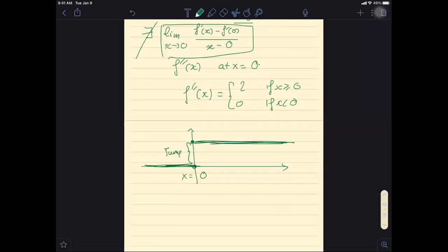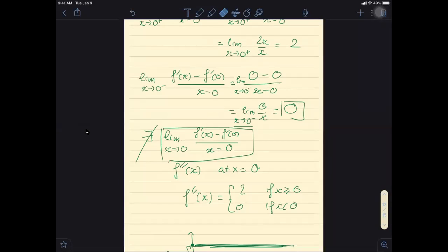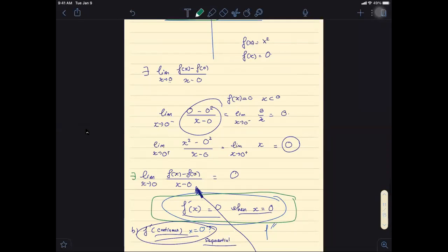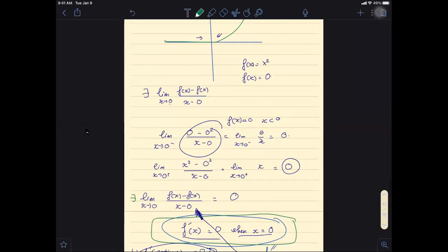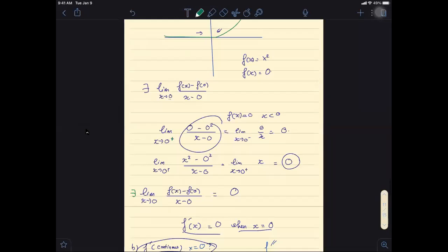So do you guys have any questions? Yeah, how did you get, when you take the limit from the left, that f prime of x equals 0? This one? Yeah. Oh, this one is plus. This one plus. Where's the minus?